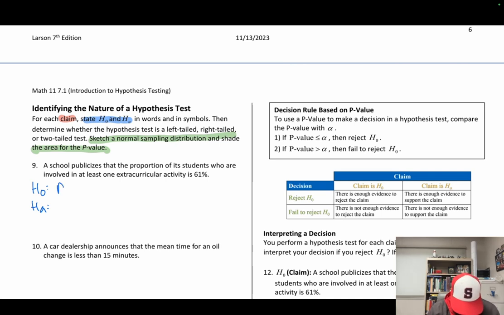So H0 is 0.61. And then our alternative hypothesis is not 0.61. All right, this is our claim. This is what they're claiming to be true. And now, since we are not equals, this is a two-tailed test.